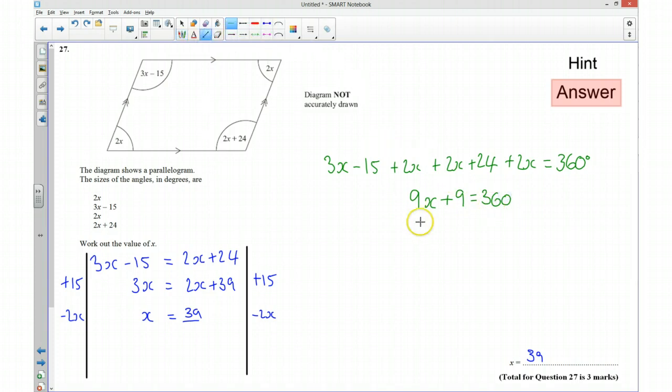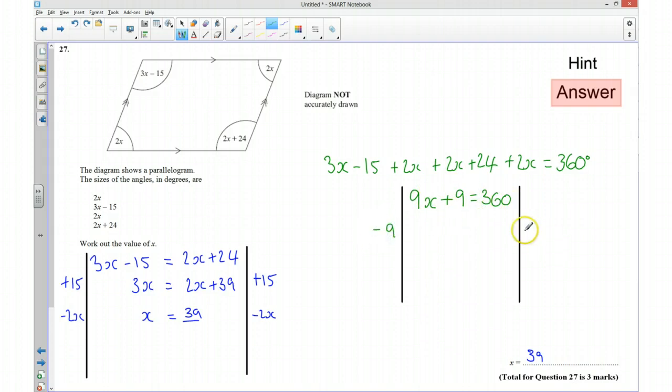Okay, and again, if I draw my bars either side here, I want to ditch that 9, so I'm going to subtract 9 from both sides. That's going to be 9x equals 351.